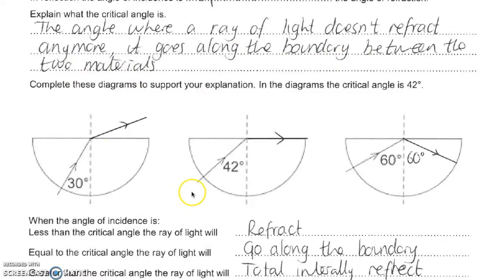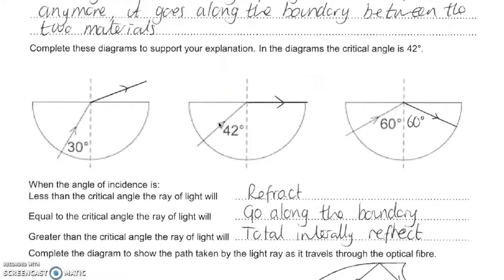So essentially the light ray comes in, and at this point we've got the critical angle here at 42 degrees, and the light ray does not exit the glass prism anymore. At any angle greater than that critical angle, that light ray is going to totally internally reflect inside that glass block. Okay, so please make sure you've got this definition of the critical angle.